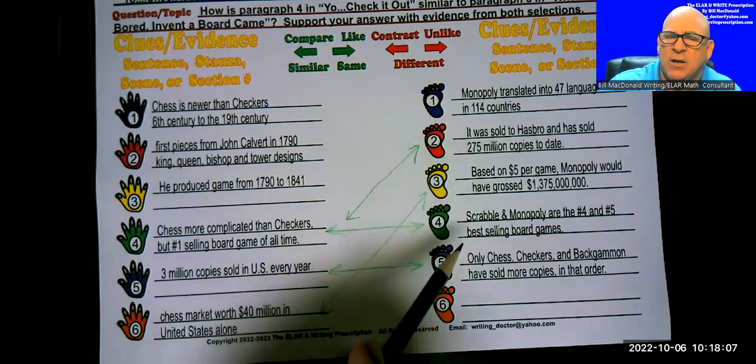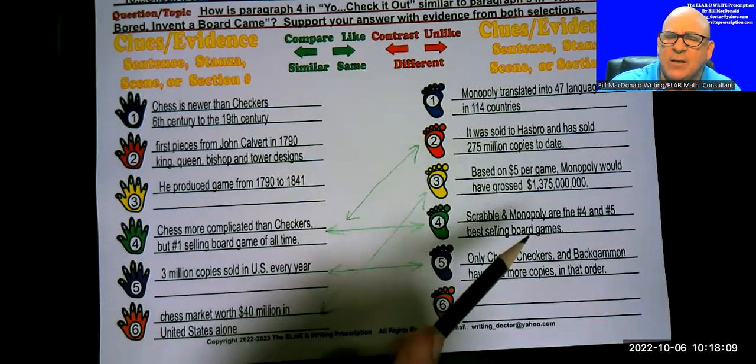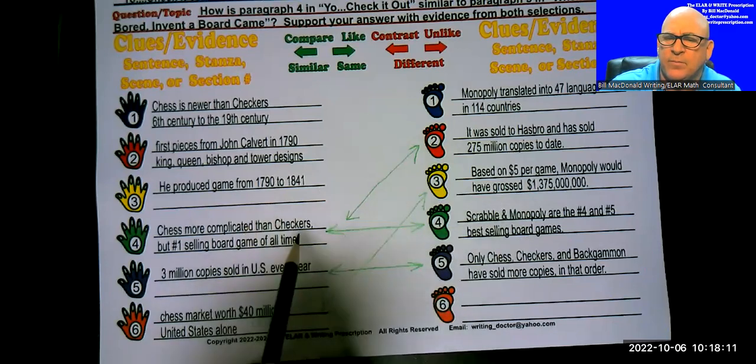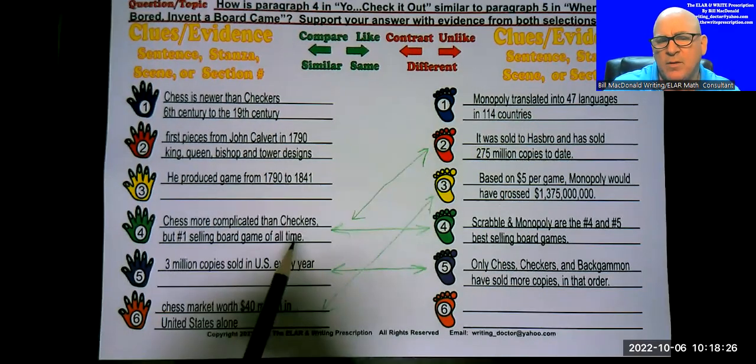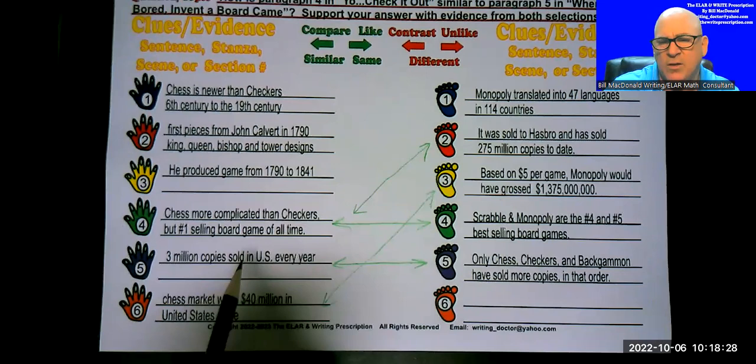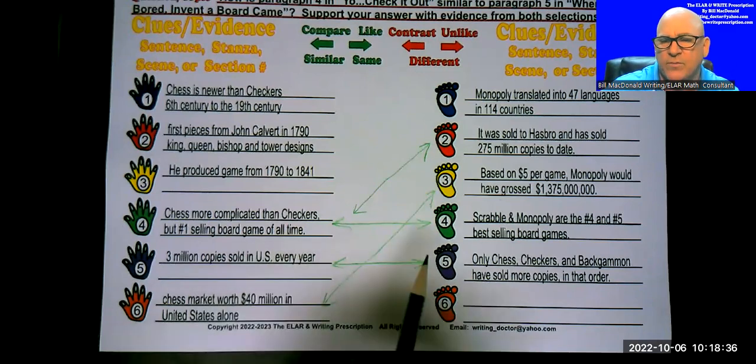So I could say that both sets of games sell a lot of copies. Second connection: there's 3 million copies sold in the US every year of chess.